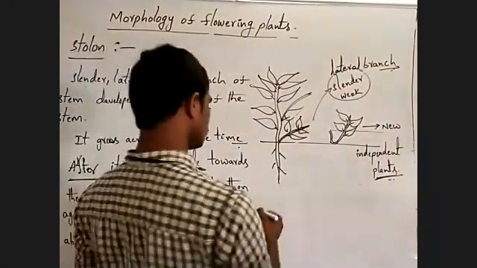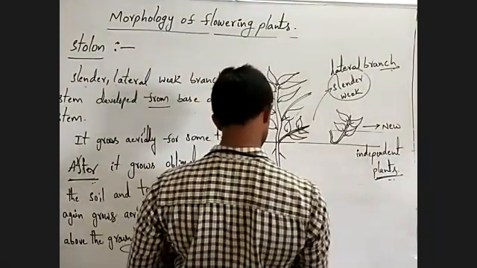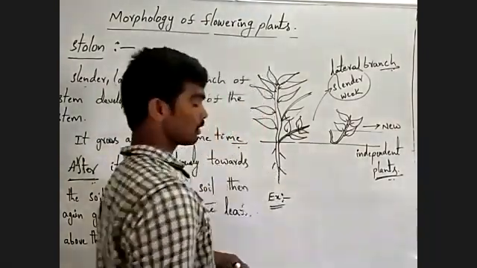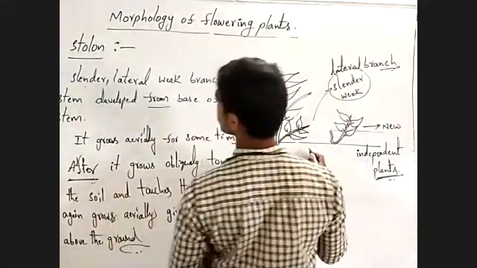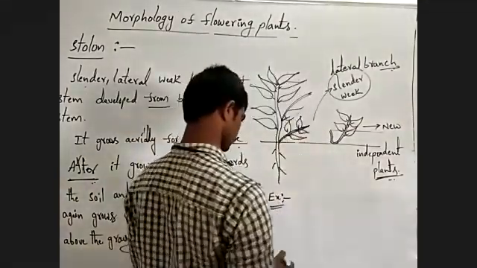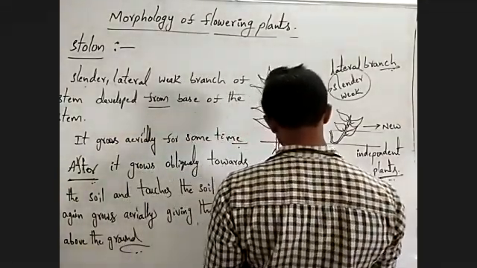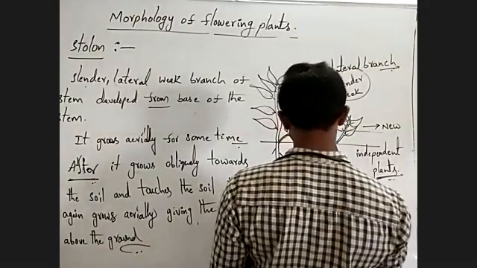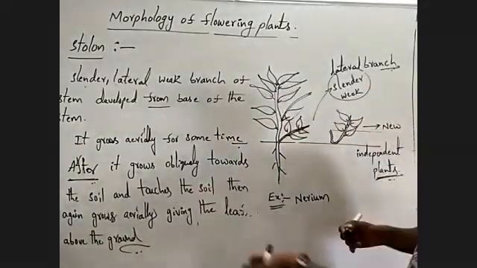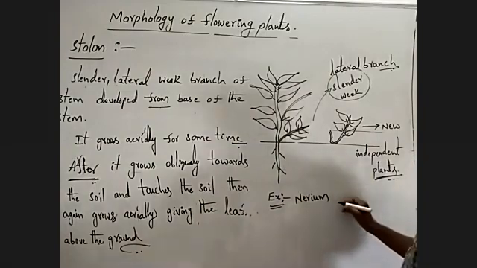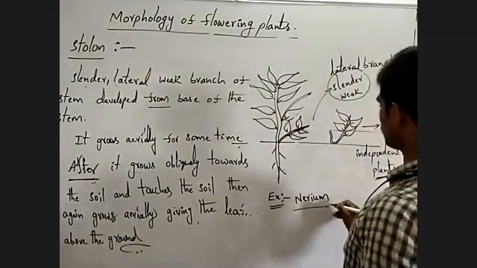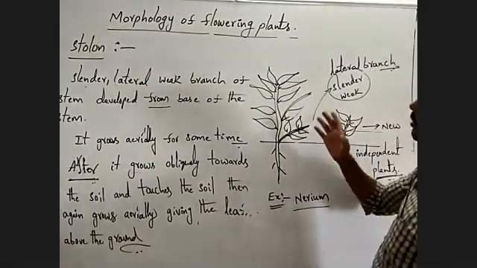Okay, examples are Jasmine, best example is Nerium. This is about the stolon.